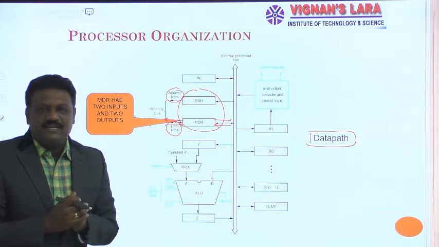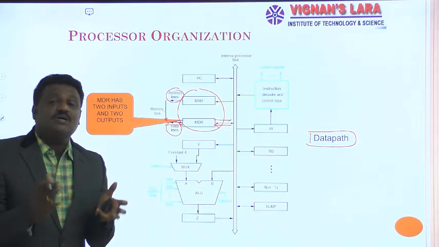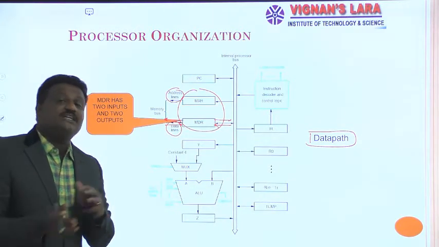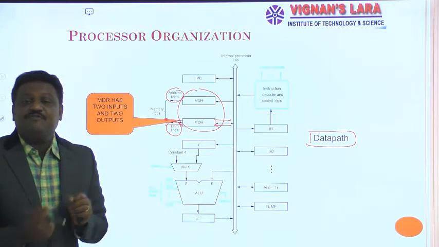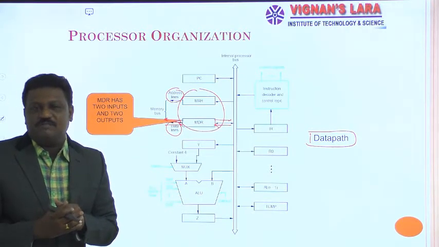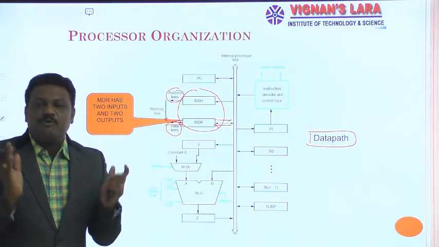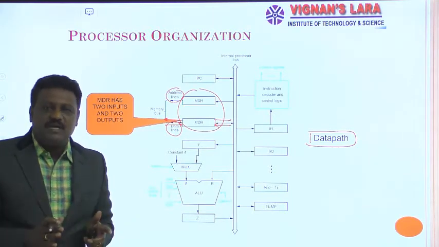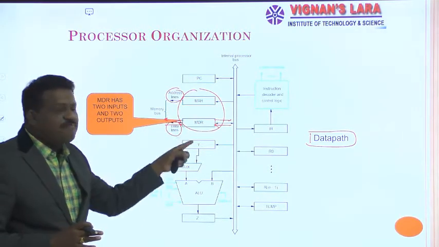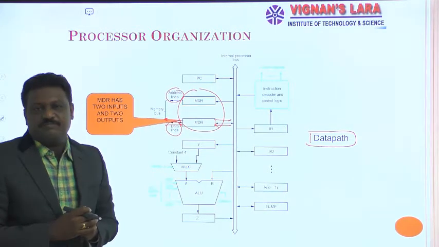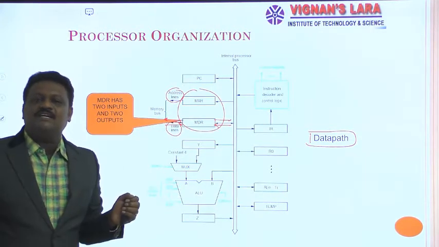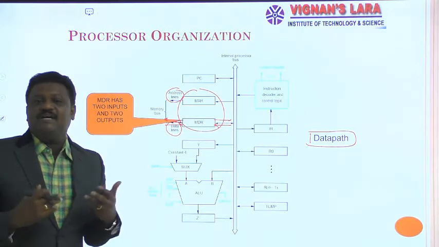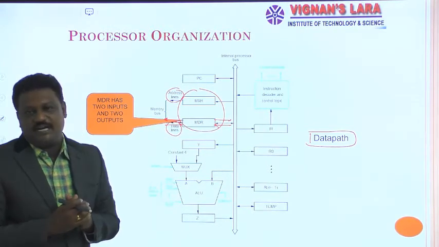And the job of MDR is that this register holds the data which is transferred to or received from the MAR specified location. So my processor can communicate with the memory only with the help of MAR and MDR registers. And MAR is directly connected to my address bus and MDR is directly connected to the data bus.